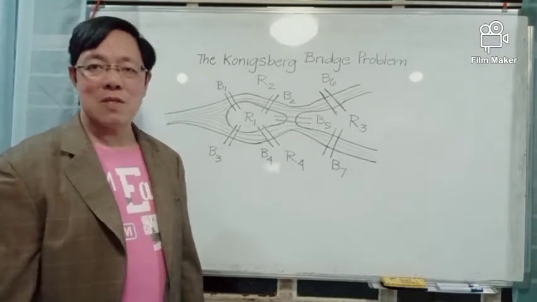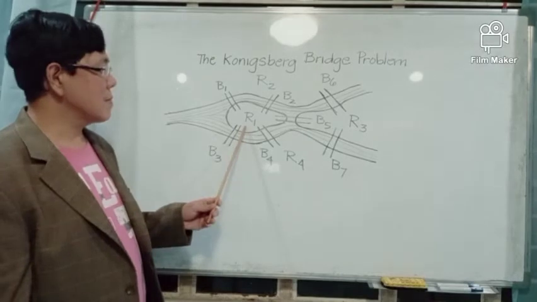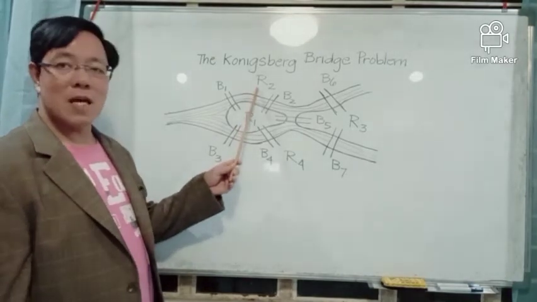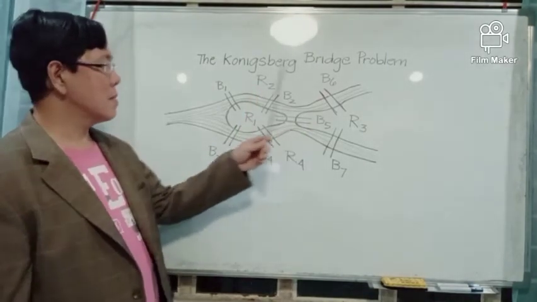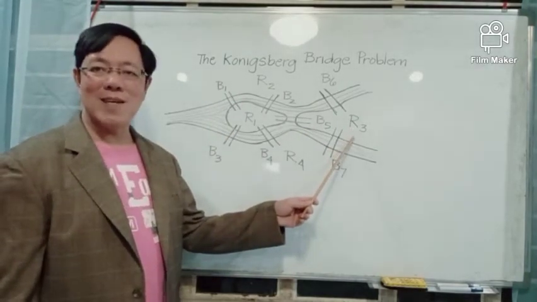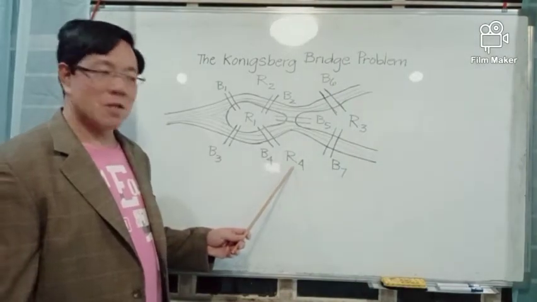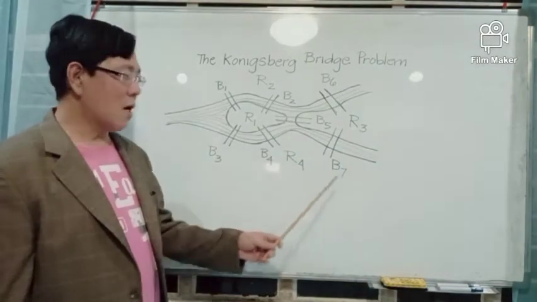The four regions are, this is the first region, this is the second region. This is the third region denoted by R3. And this is the fourth region denoted by R sub 4.